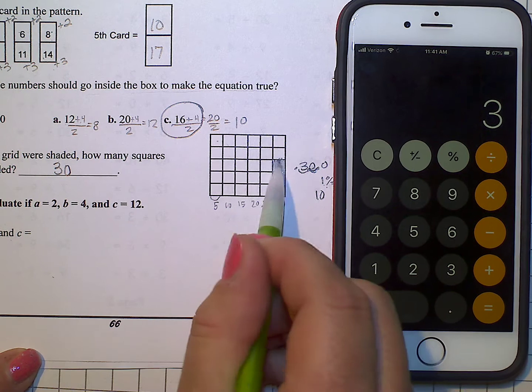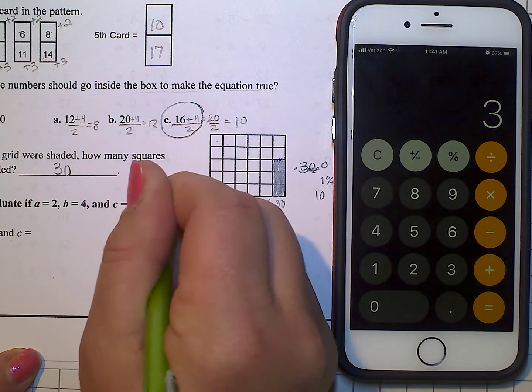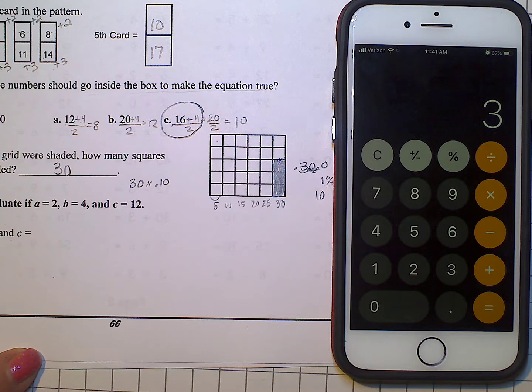So that's how many you would put in. 30 times the decimal form of the number 10%.